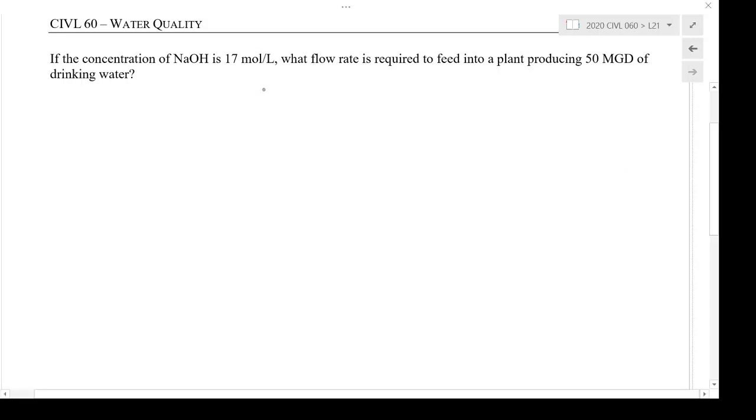Okay, so I'm going to draw a schematic. So this is my drinking water, and we have a flow of 50 times 10 to the 6 gallons per day. And then we're adding this concentrated sodium hydroxide solution, 17 moles per liter, and we want to know what the flow rate is.